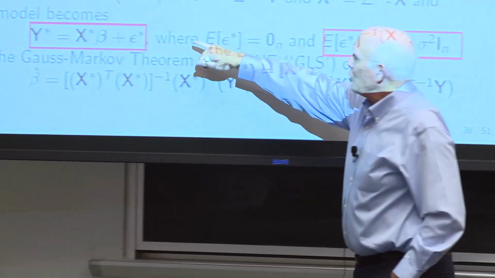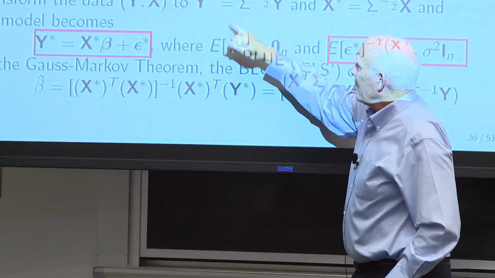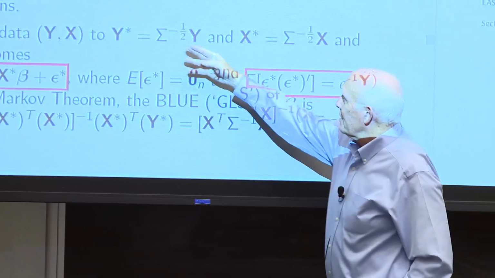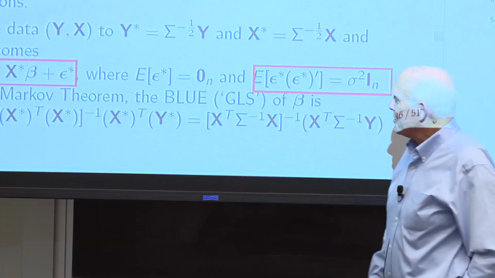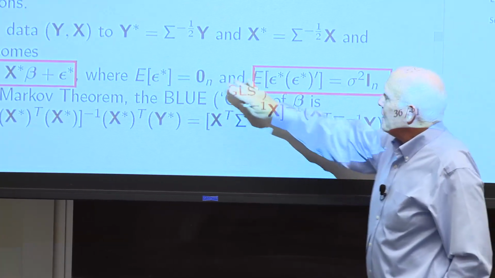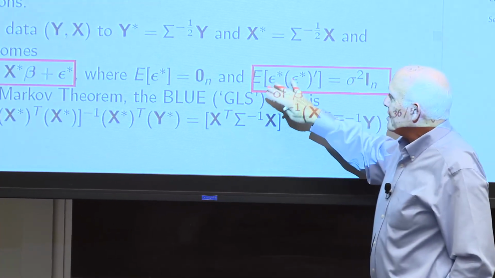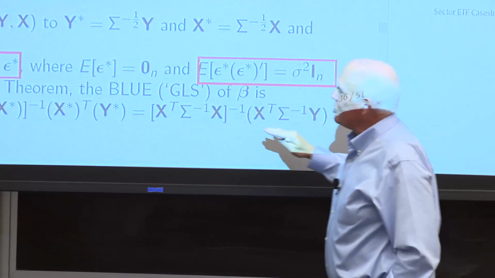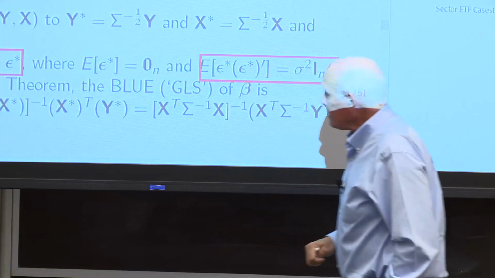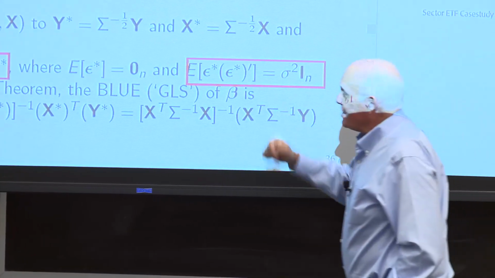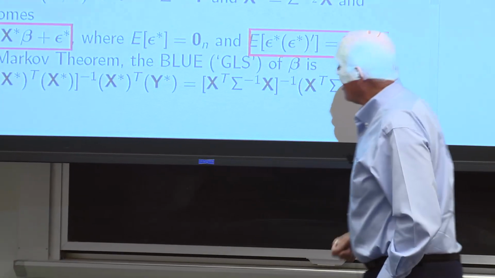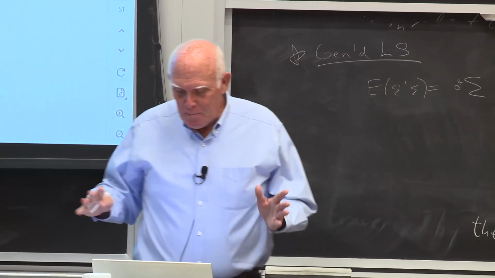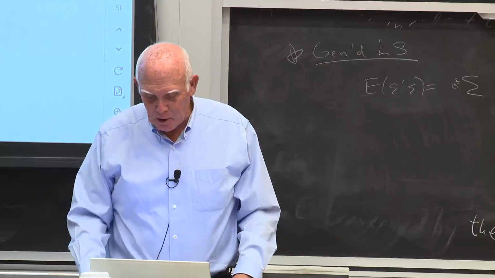With X star and Y star being the model equation multiplied by the inverse square root of sigma, this model satisfies the Gauss-Markov assumptions, zero mean, constant variance. And so this estimator with the X stars and Y stars, but the same beta, gives us our best estimate of beta hat, best in terms of being unbiased and having smallest variance.